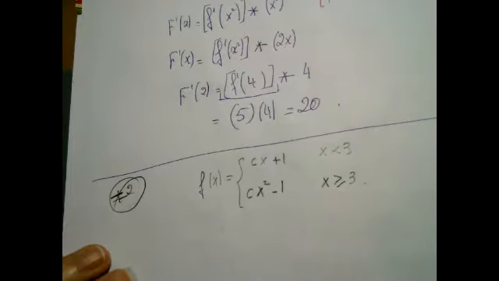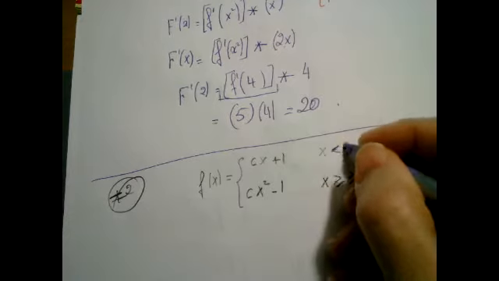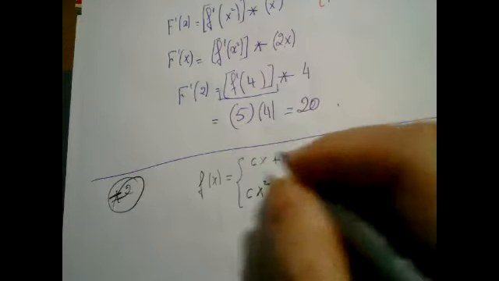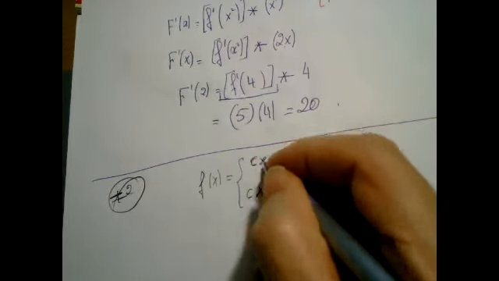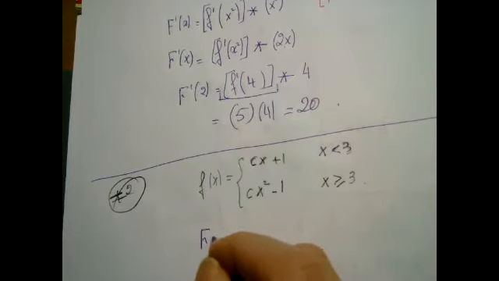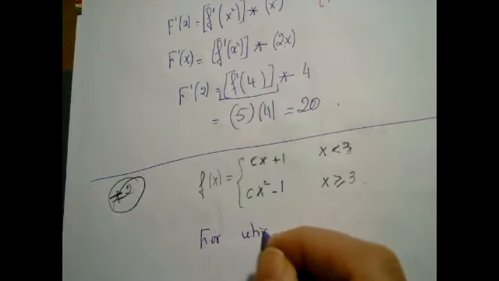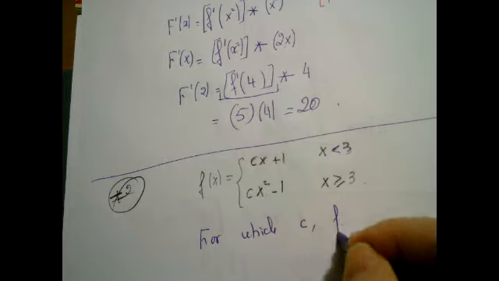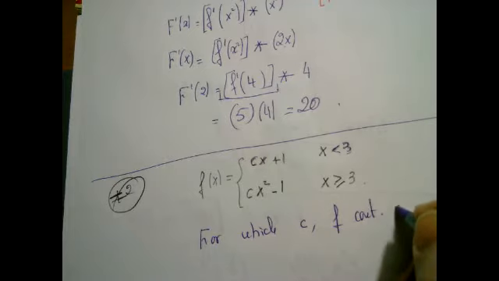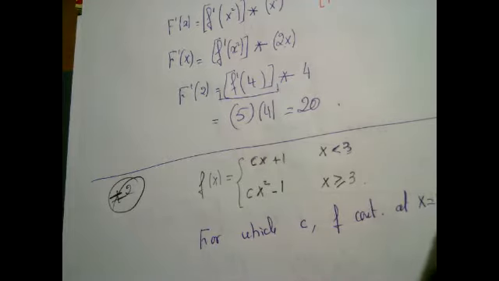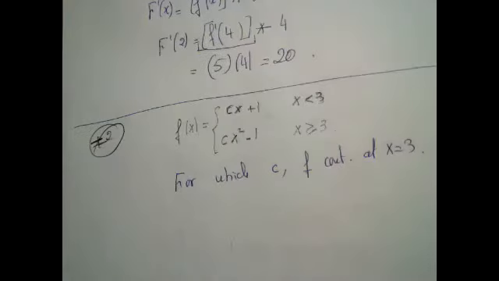And the question is, for which value or values of c is the function continuous at x equal to 3? We definitely realize something happened at 3 because the function is changing. My question is, for which c is f continuous? That's really the question.